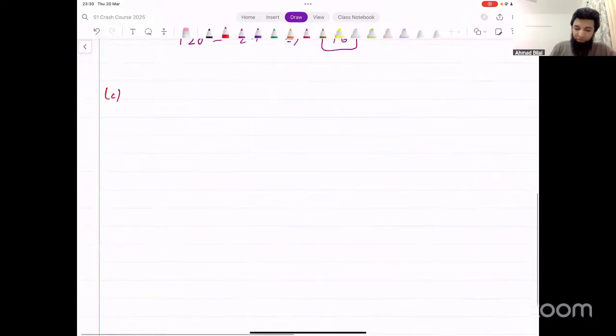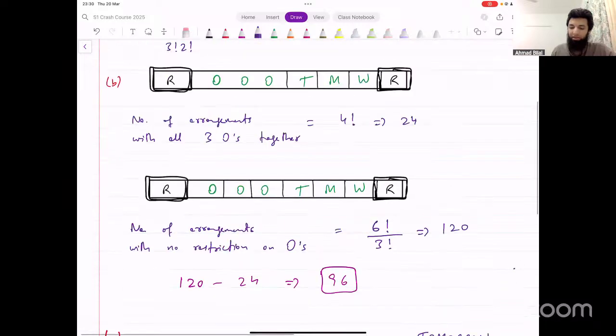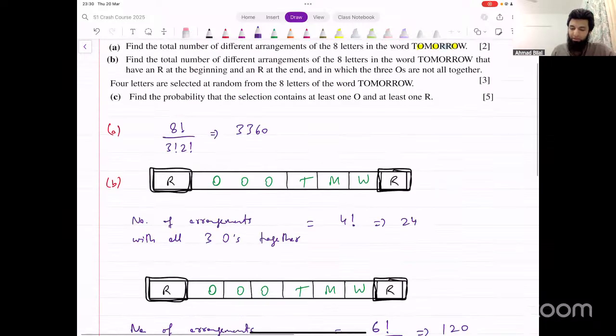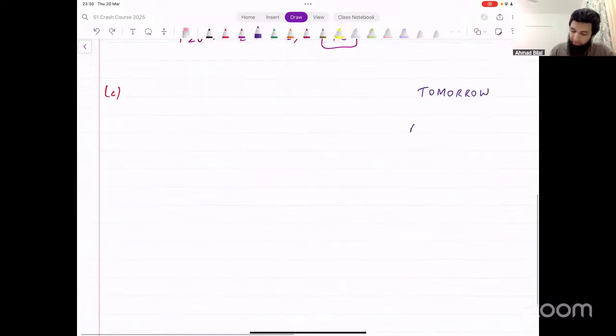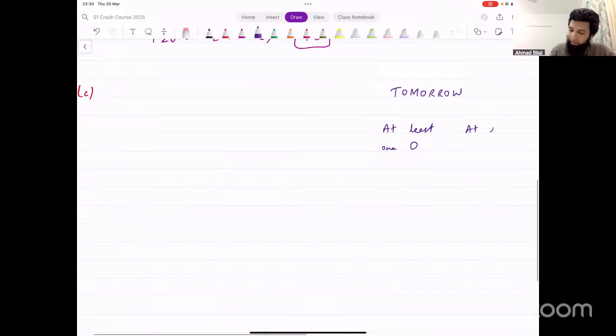The word is tomorrow. We want to find the probability that there is at least one O and at least one R in the selection. That's the condition. At least one O and at least one R. That's the condition.